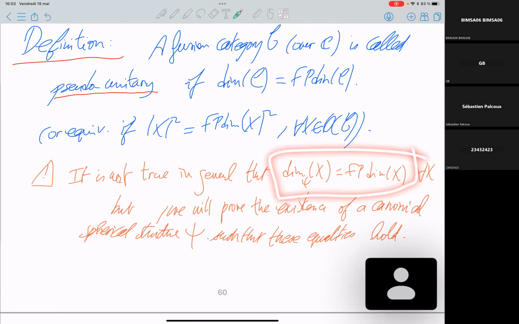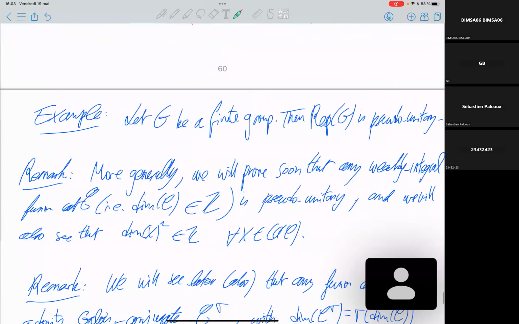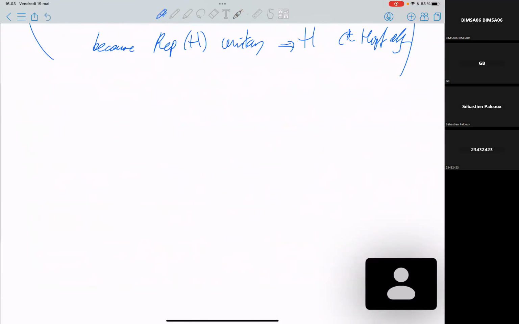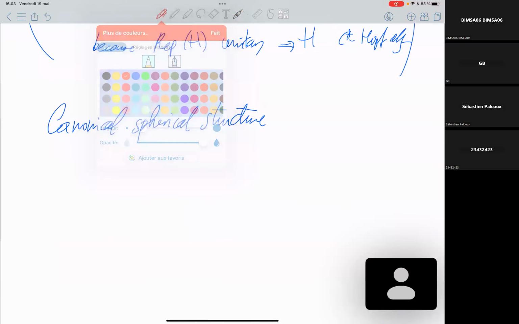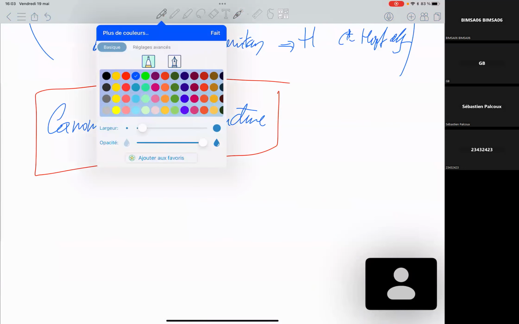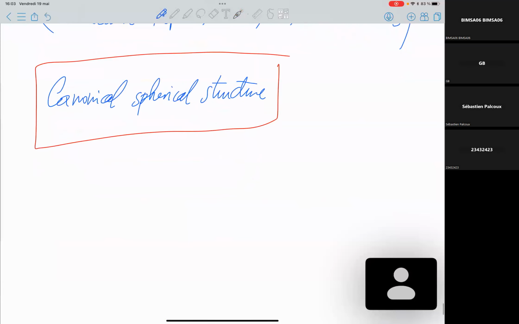So this is the point of this new subsection, canonical spherical structure. In the pseudo-unitary case, not in general. In general, it's an open problem, the existence of a spherical or even a pivotal structure in general.